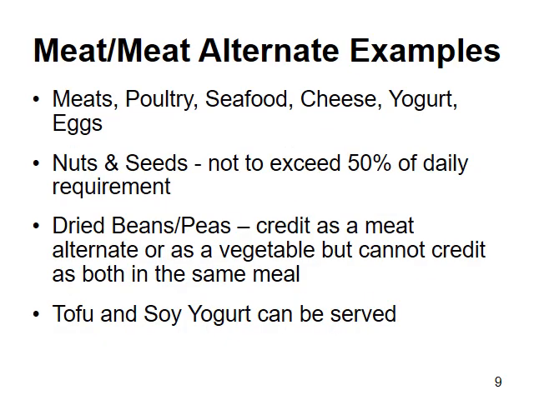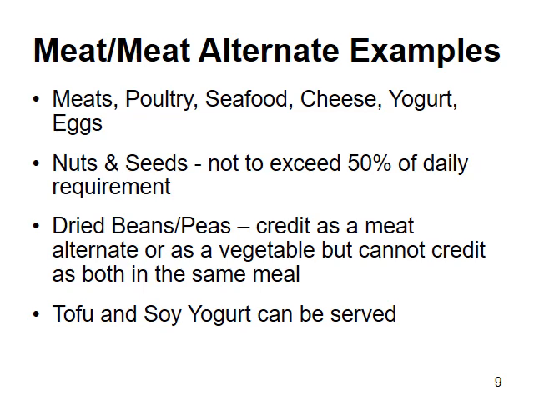Examples of meat alternate are meats, poultry, seafood, cheese, yogurt, eggs, nuts, seeds, dried beans and peas, otherwise known as legumes. Keep in mind, if you serve nuts and seeds, they cannot be counted as more than half of the meat alternate for the daily requirement.